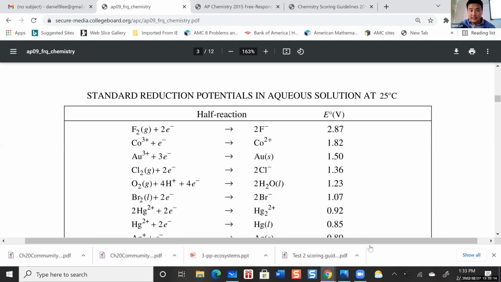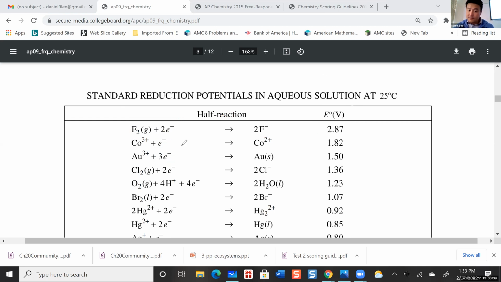These are the reduction potentials, and positive means they're spontaneous. The most positive one is the reduction of fluorine. Fluorine loves to become reduced because it is the most electronegative element. So the potential is 2.87 volts. That is the reduction potential because all these are reductions.